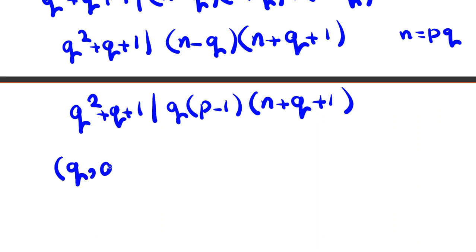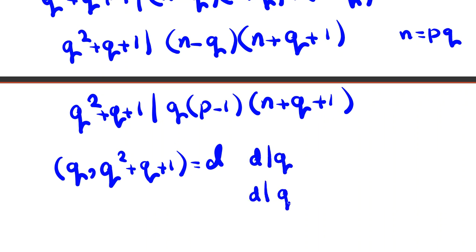Why? Because suppose the GCD of q and q squared plus q plus 1 is d. This idea is very useful when you want to prove two things are coprime. You say d is the GCD. d divides q, and d divides q squared plus q plus 1. Also d divides q squared, so d divides this minus this, so d divides 1.